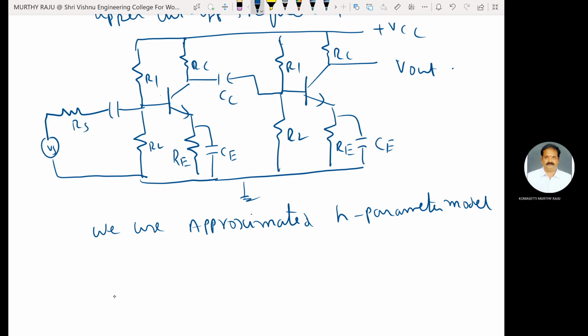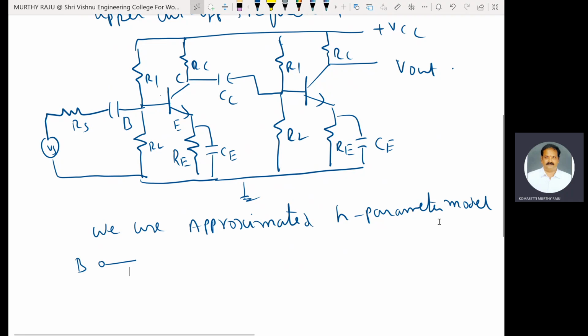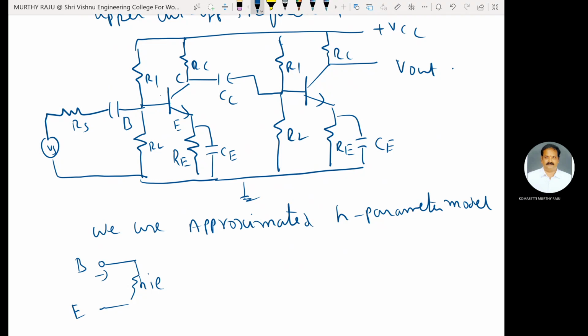For stage 1, this is the base, collector and emitter. In the approximated H parameter model, only HIE and HFE are there. The transistor is in common emitter configuration, with base current IB here.